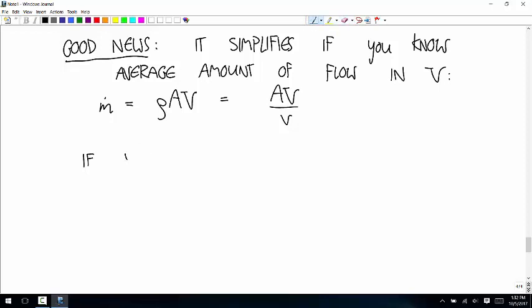If the volume is in steady state, steady state means that what you're looking at has no change over time in its properties.